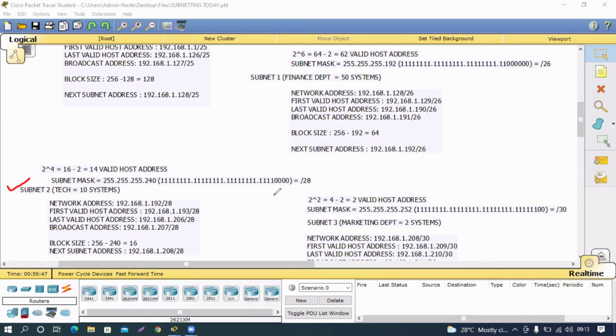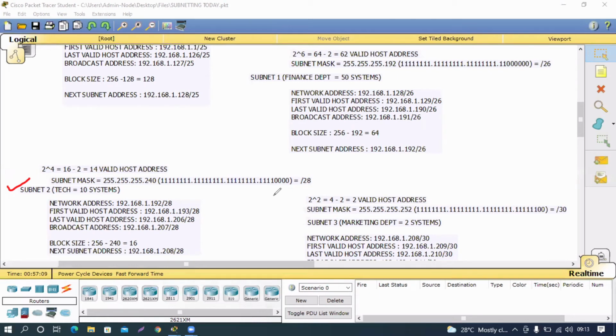We have taken 4 bits from here, so our total network bits will be 28. That is the default 24 of class C plus these 4, and the remaining 4 will be our host bits.